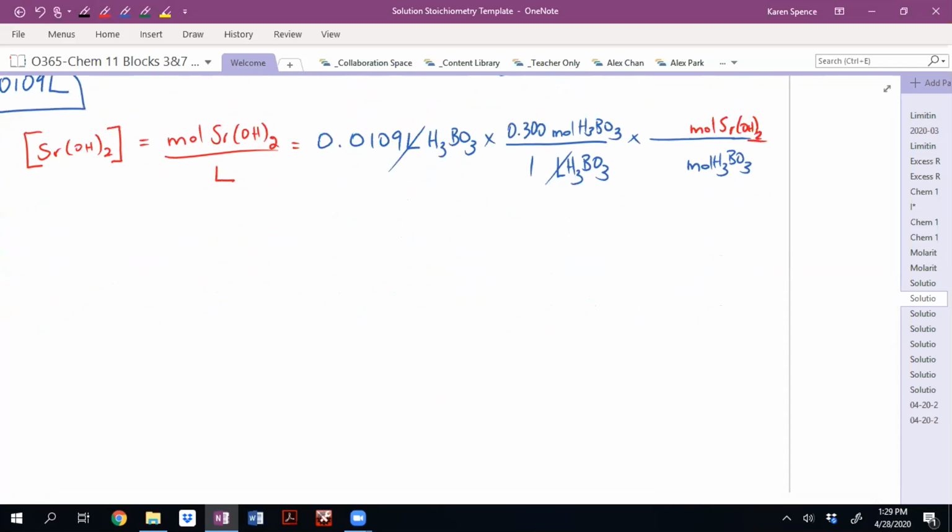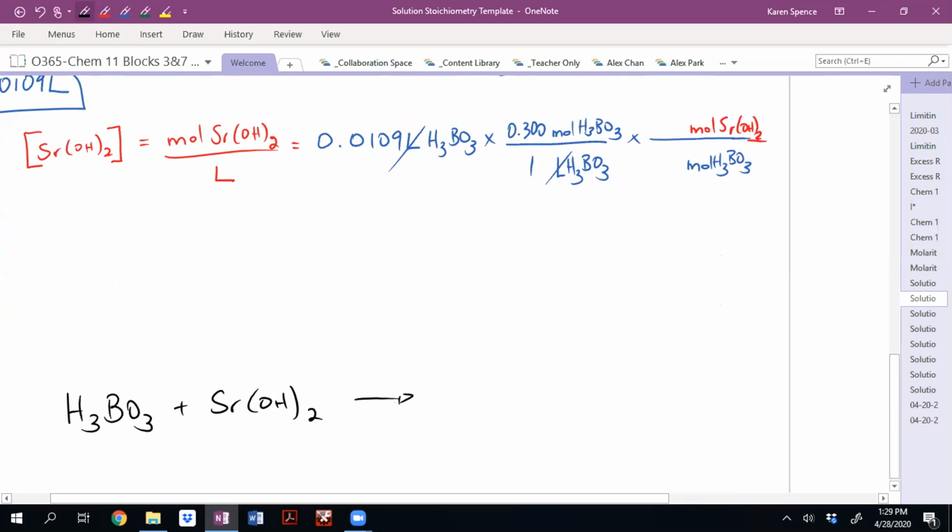I'm going to leave some room because this is going to take up a bit of space. We have H3BO3 plus Sr(OH)2 as our reactants. What kind of a reaction is this? It is neutralization. We have our hydrogen and we have our hydroxide. So when we predict our products, we are going to get a salt, and our salt is going to be made of strontium 2 plus.